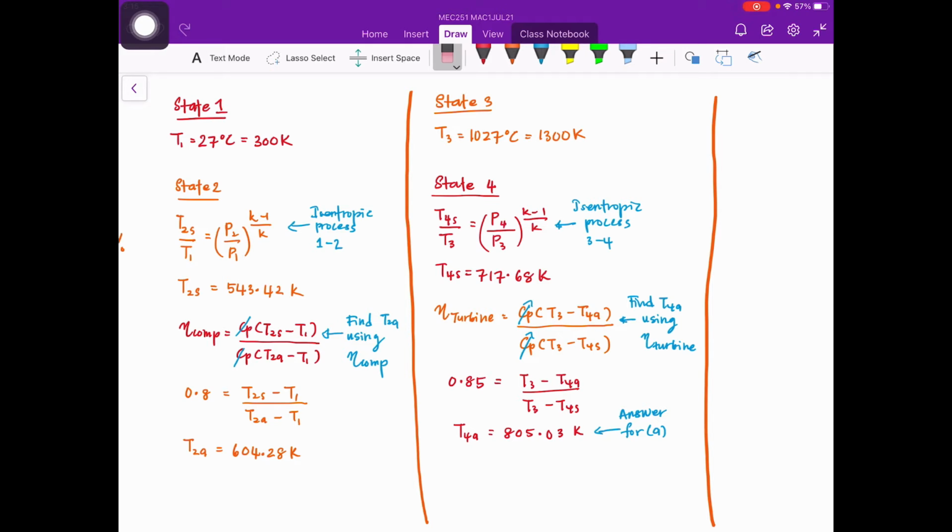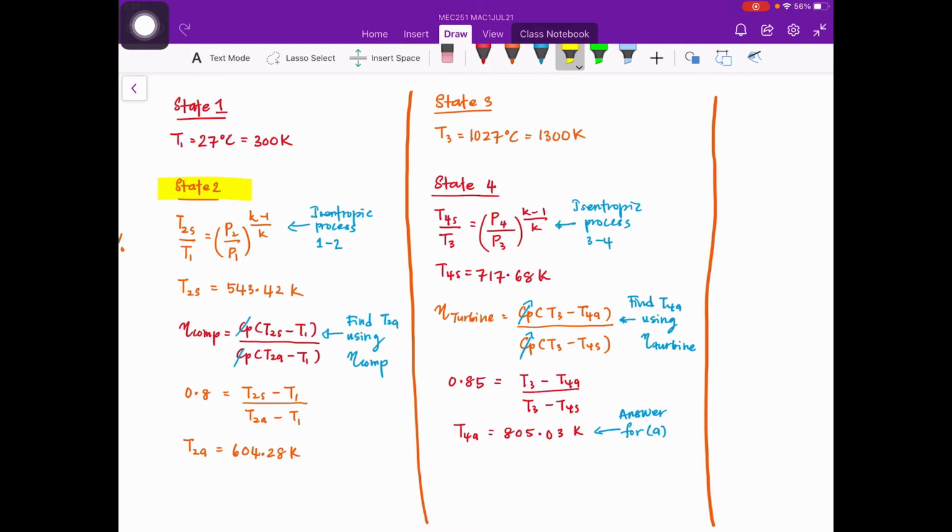Therefore, in order for us to determine the enthalpy for each state later, we need to know the temperature for every state of the cycle. Now if we look at state 1, T1 is equal to 27 degrees Celsius. This value has been given from the question. So please ensure that you convert degrees Celsius into the unit Kelvin.